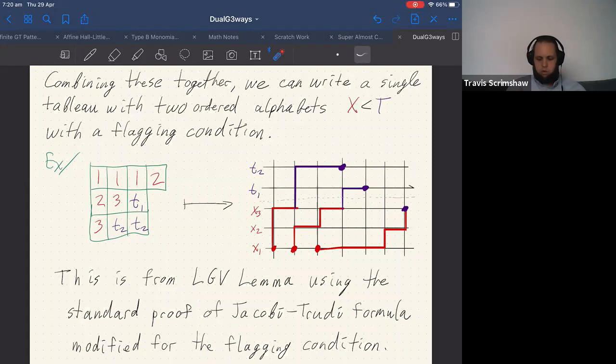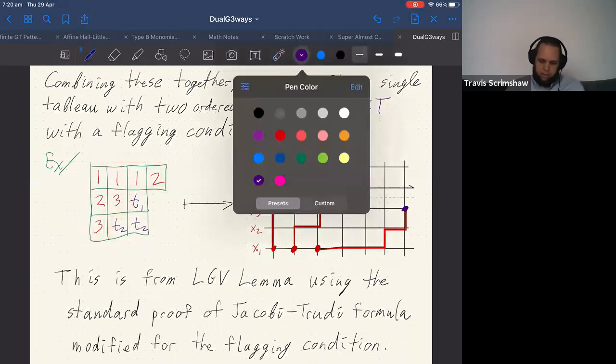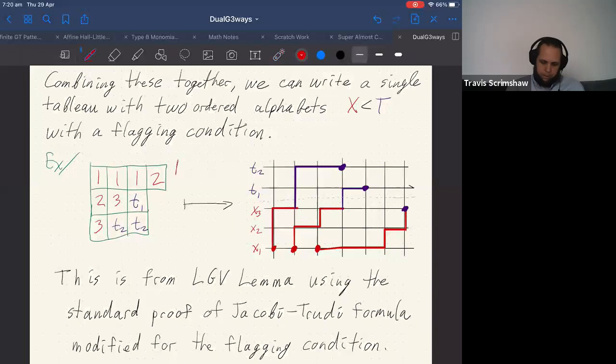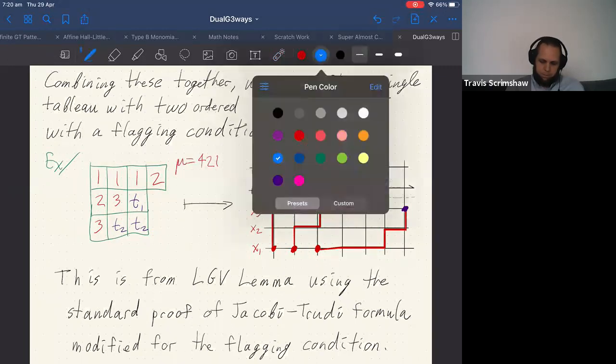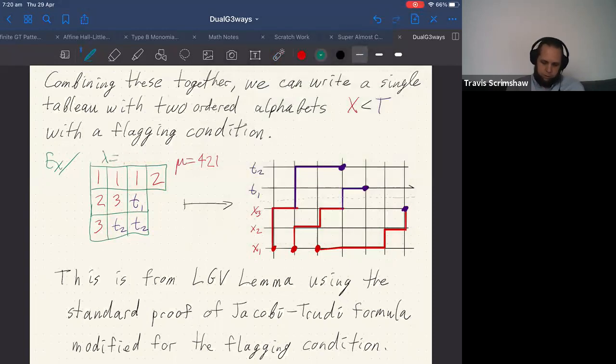Where I'm going to look at my two tableaux. And when I look at the elegant tableau, well, it's basically taking that shape mu. So here, the shape mu would be 4, 2, 1, and our shape lambda is 4, 3, 3, like this.